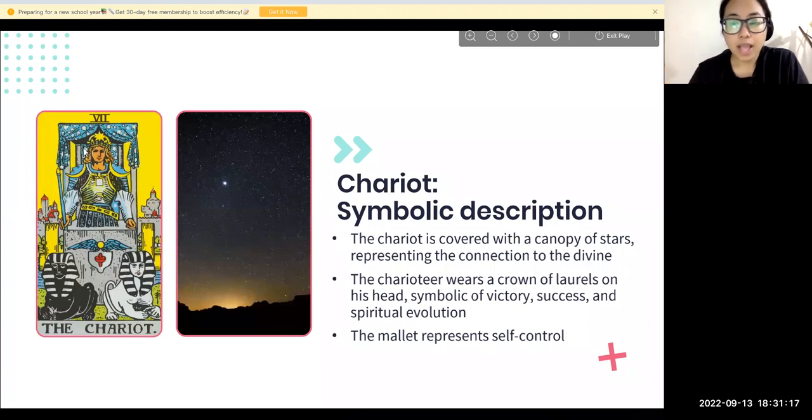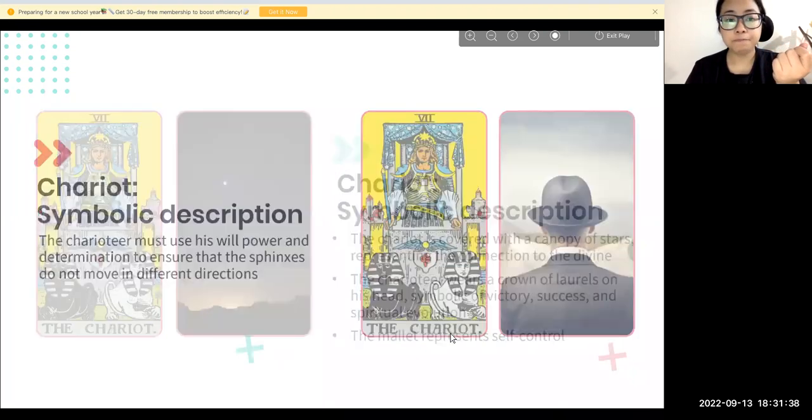All right. And you can see that he is also holding a mallet, which means self-control. If you really want to be a successful person in your life, it is important for you to have self-control over your emotions, self-control in every matter in your life, right?